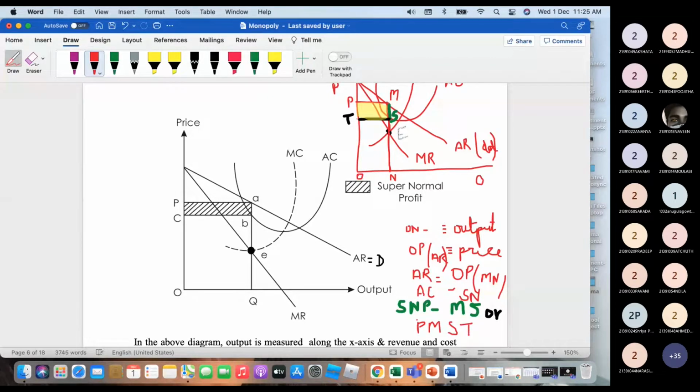That is the small rectangle which I have shaded with yellow. Either I say it is MS, or I say the total rectangle, which is PMST.